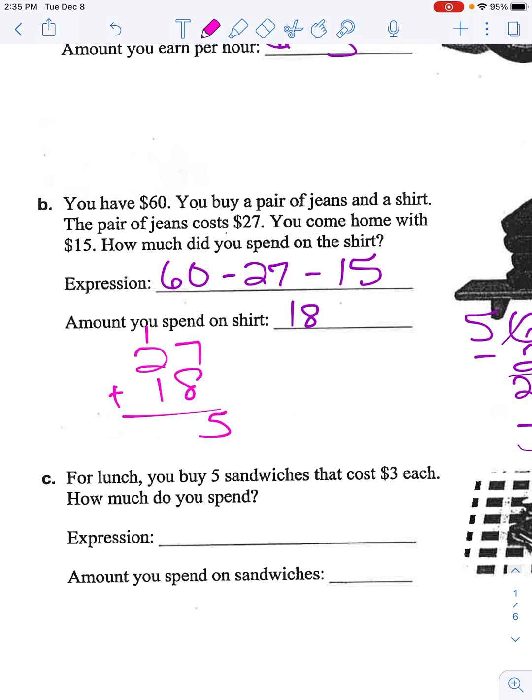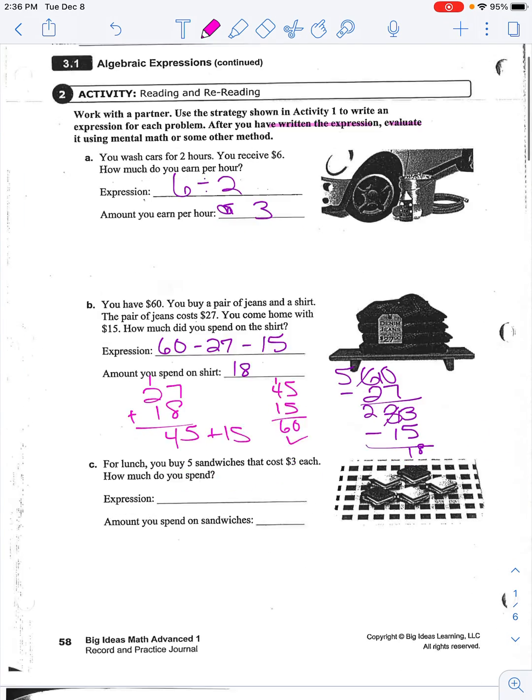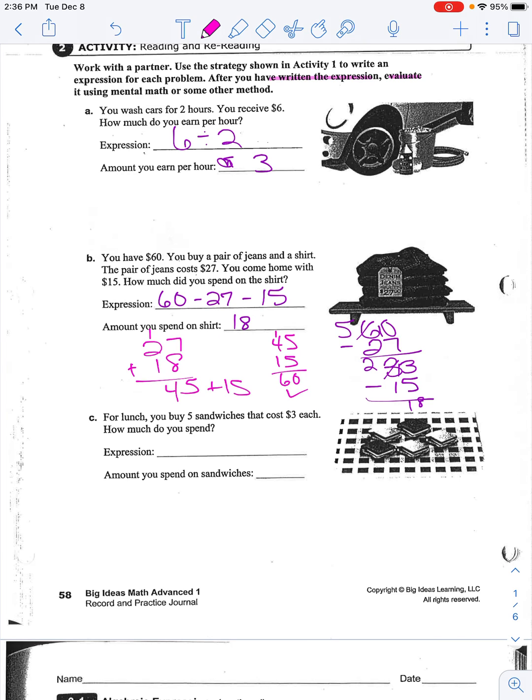So that's 45, and we came home with $15 in our pocket. So let's add that $15. And that gets us back up to the 60 that we originally had in our pocket. So that makes sense. So always go back, double check your work, see if it makes sense.